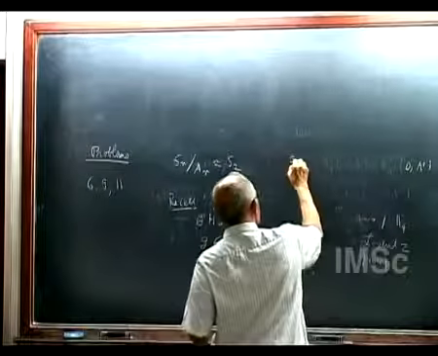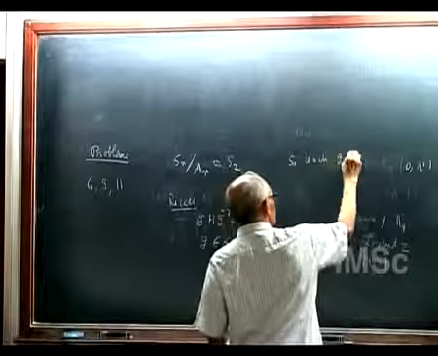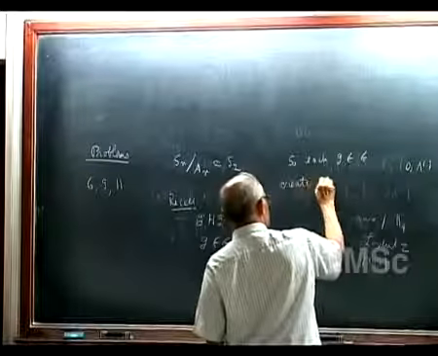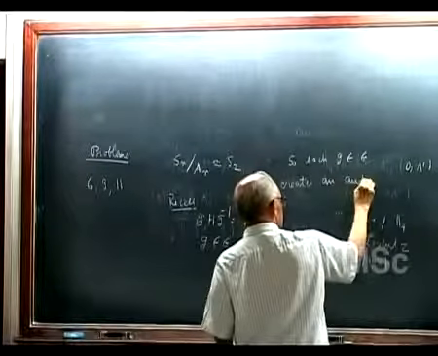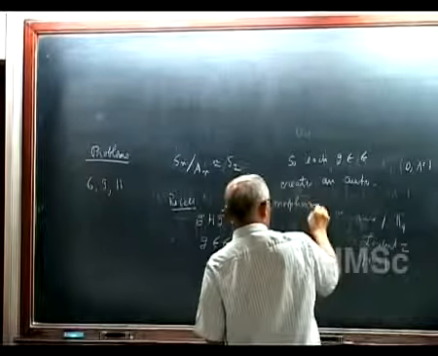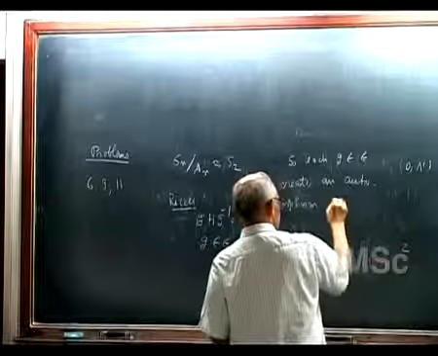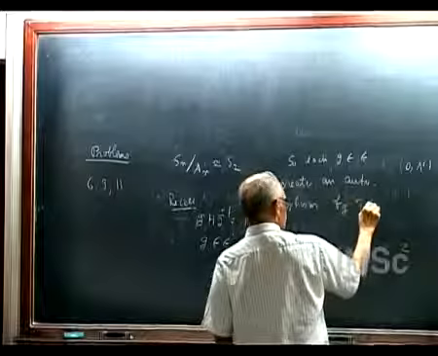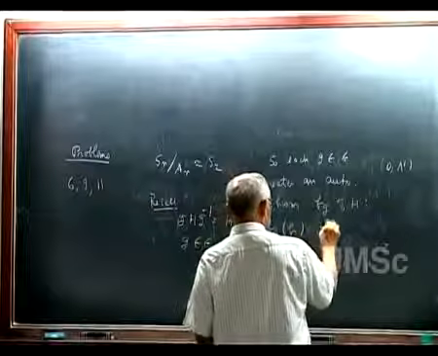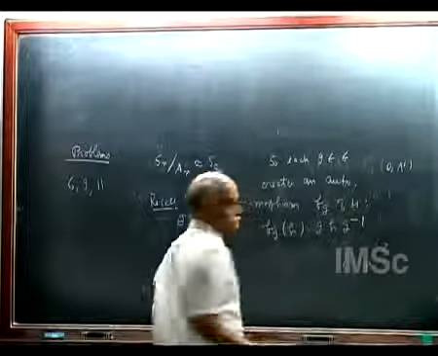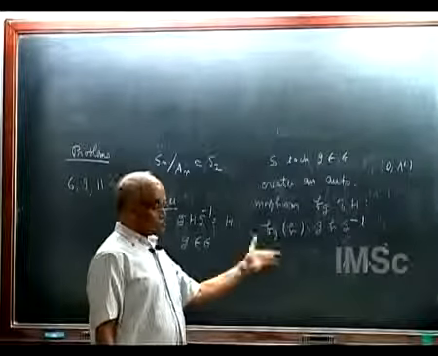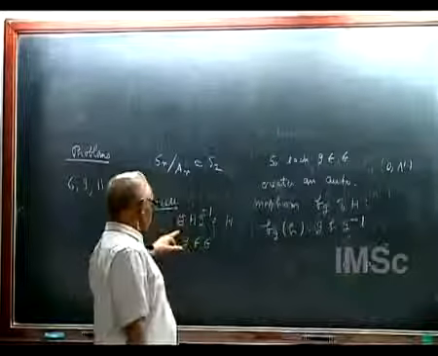So each G in G creates an automorphism, call it f of G. What is f of G of H? It is G H G inverse. It is conjugating the elements, so it's clearly an automorphism, and you don't leave H.